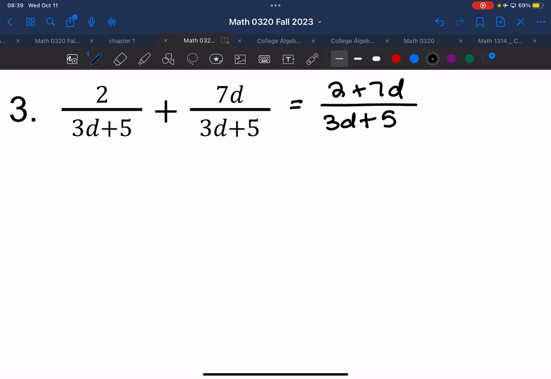No, why not? Good, they're not common terms because the 2 is just a constant number and the 7d has a variable. So since we can't combine those or simplify those further, this is our answer. So again, we are just practicing when they have a common denominator.